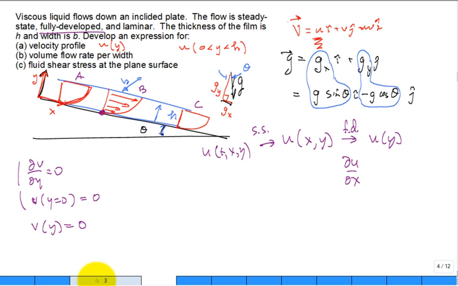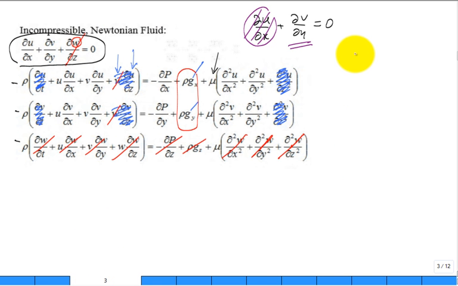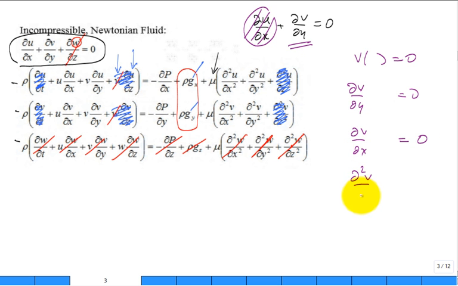So now we can come back and we say, if v is everywhere equal to 0, and the change in v with respect to y is equal to 0, can you tell me what the change in v with respect to x is? How about the second derivative of v with respect to x and the second derivative of v with respect to y?